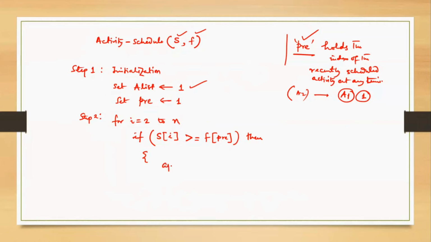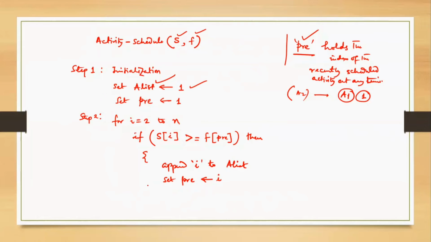Then we append i, the activity number, to a list, because the list is the array of activities that will finally display the final schedule. And we update pre with the recently scheduled activity, which is i.